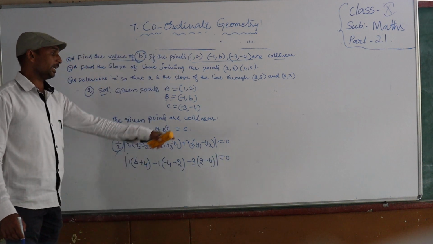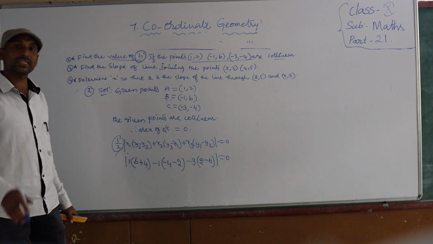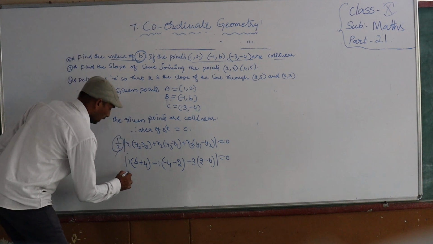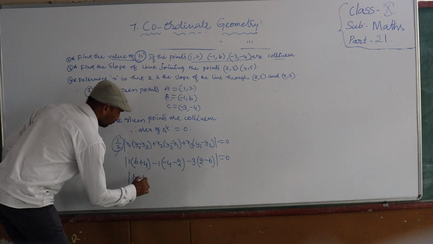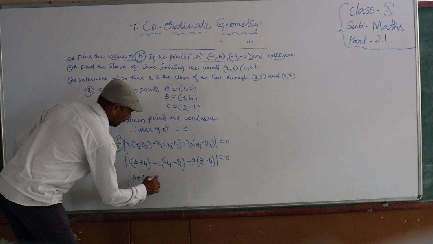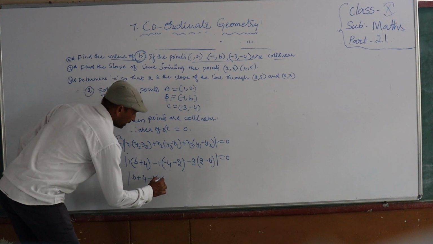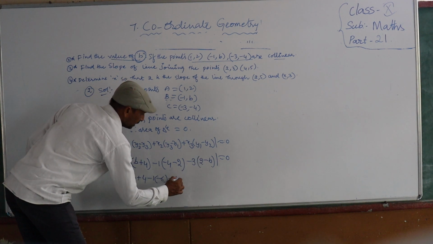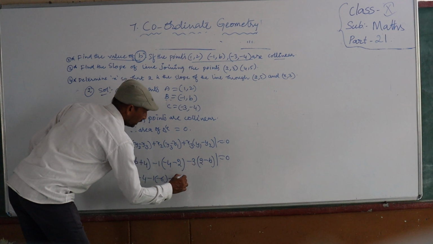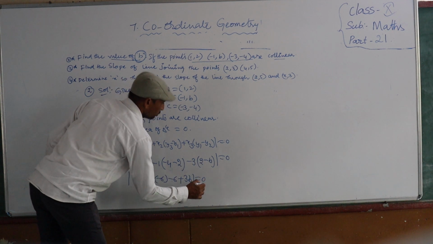The 1 by 2, if you transpose it, 0 into something is always 0. Then 1 into (b plus 4), 4 ones are 4, then minus 1 into minus 6, minus 3 twos are 6, minus into minus 3 into b, 3b is equal to 0.